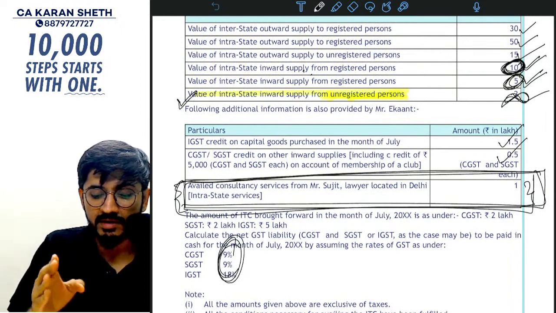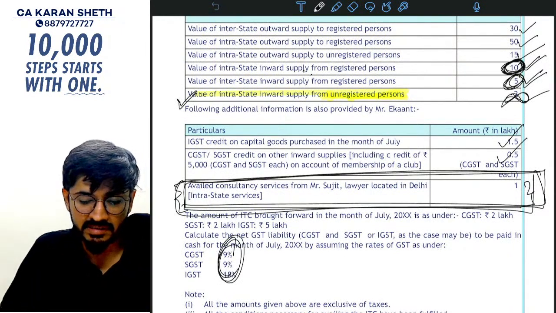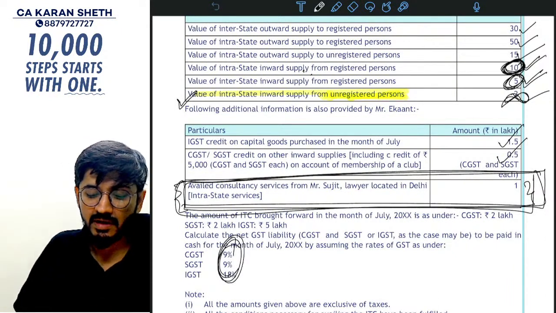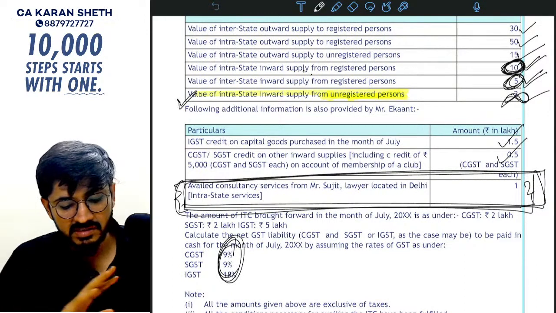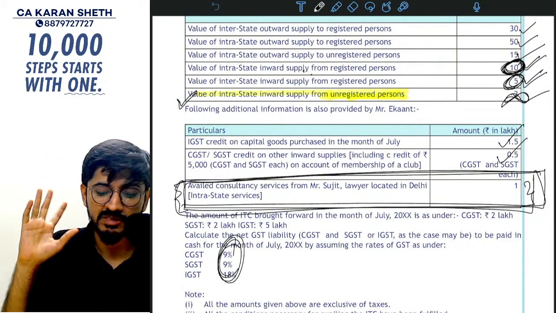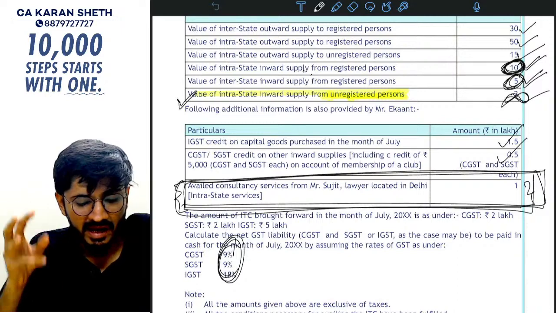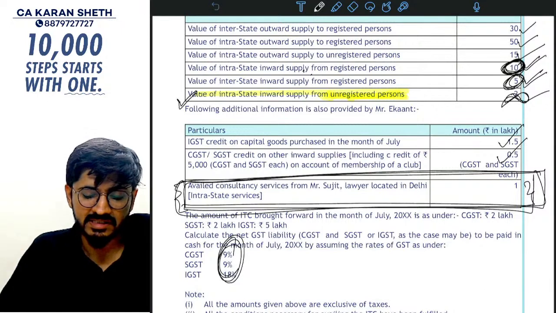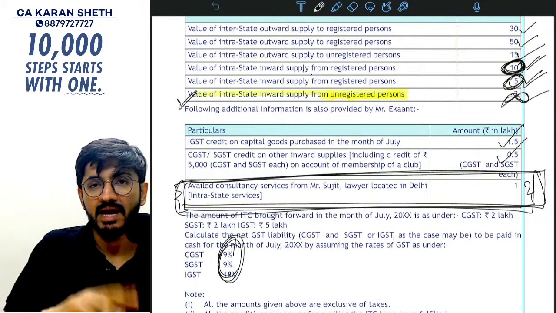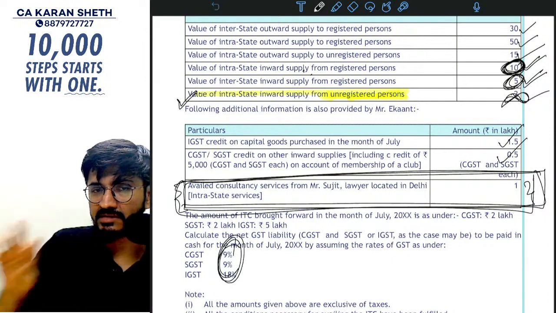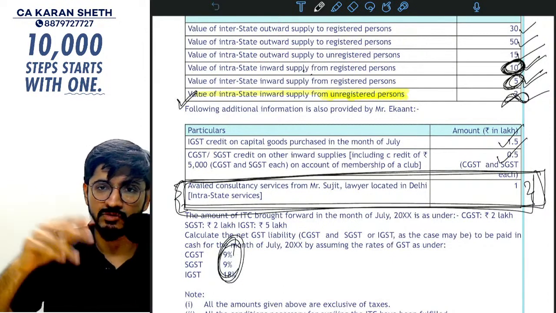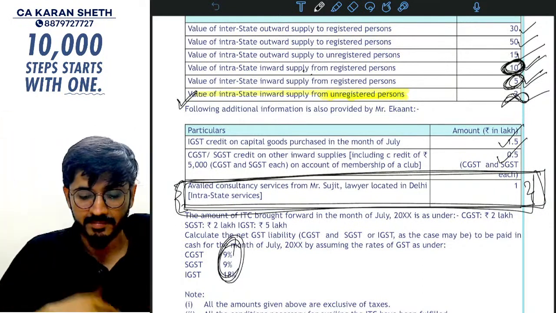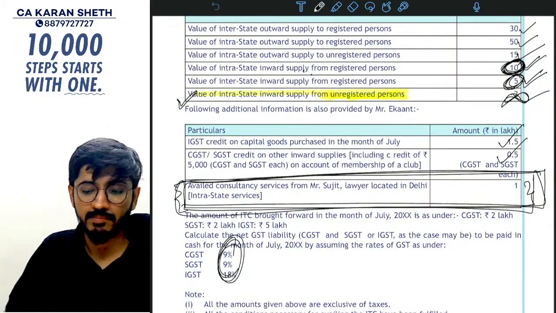Last, also say that if supplier is unregistered and recipient is registered, supplier will not charge GST, so there is no question of ITC for this adjustment. And in the last, just mention manner of utilization of ITC: first we will utilize IGST credit to pay off I and then S, I and then C or S in any order and any proportion, and then CGST credit is used to pay off C and then I, and so is with respect to SGST credit. Simple. Done. Perfect.